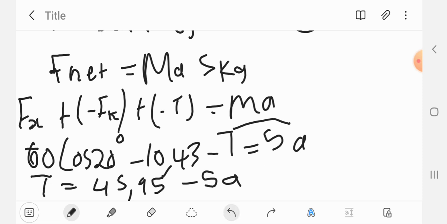That's what happened there. So we have tension equals to 45,95 minus 5a, and that is your equation 2.